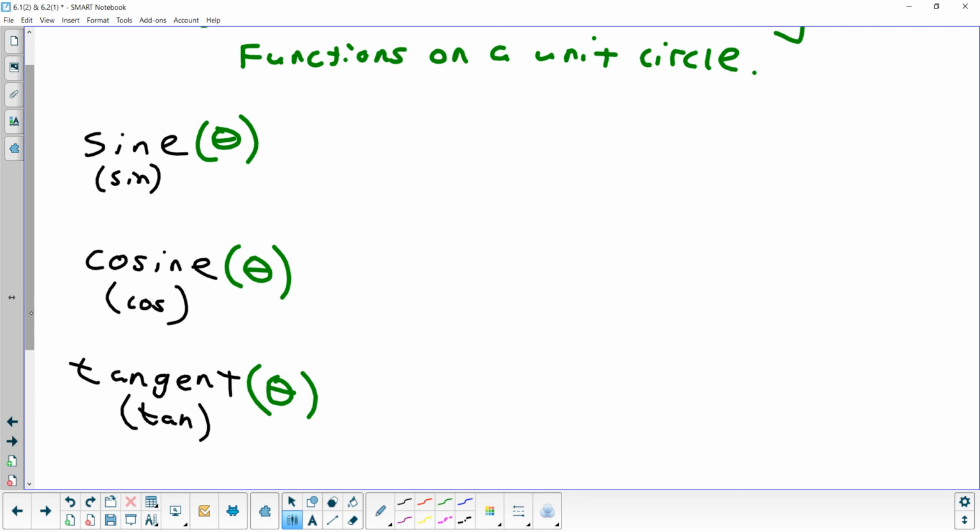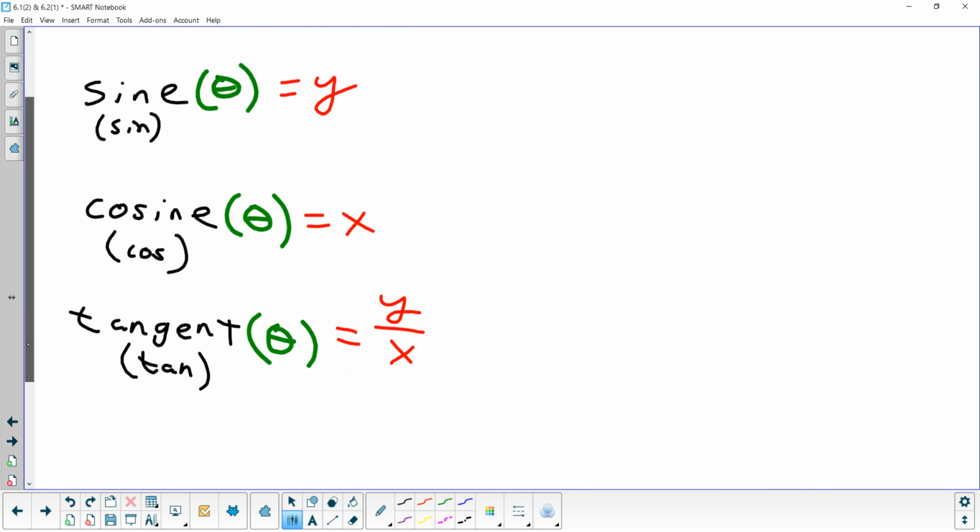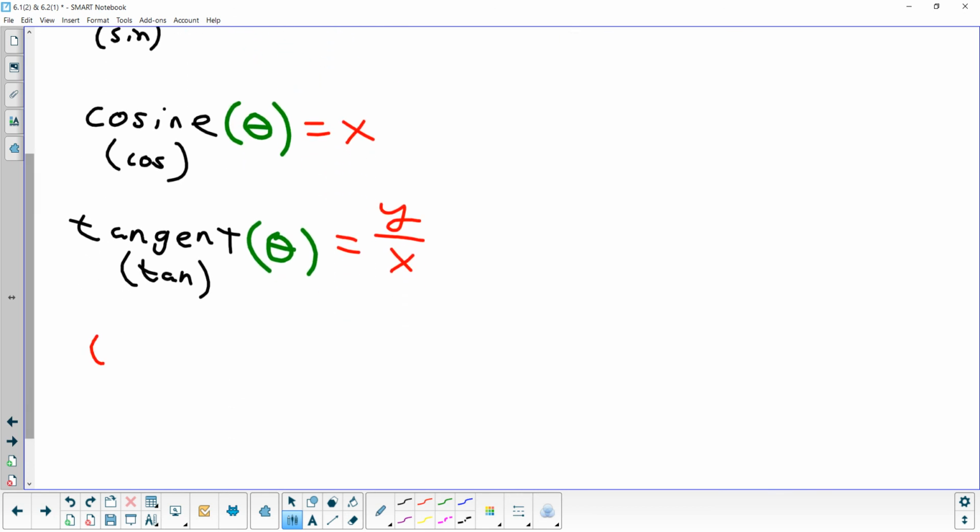How do you figure out the sine based on knowing the coordinate? Well, the sine is equal to the y value. Cosine is the x value, and tangent is y over x. And again, if you don't remember what that is, I can write it here.